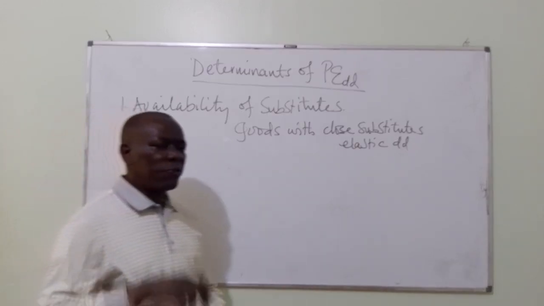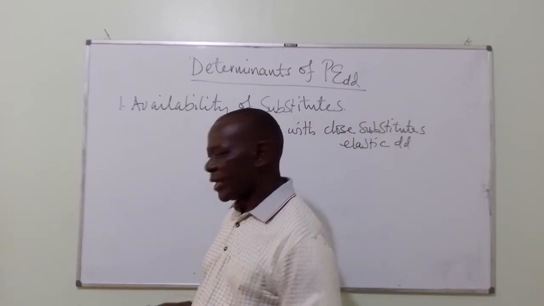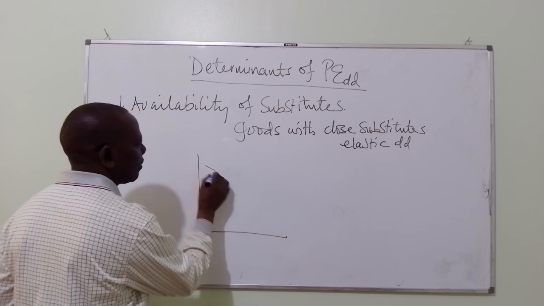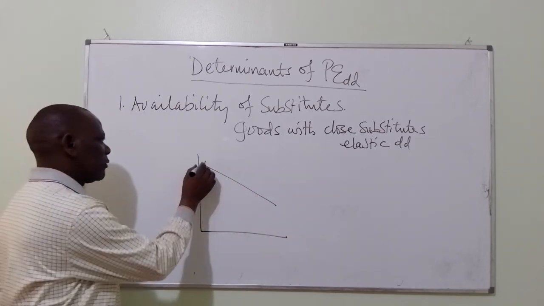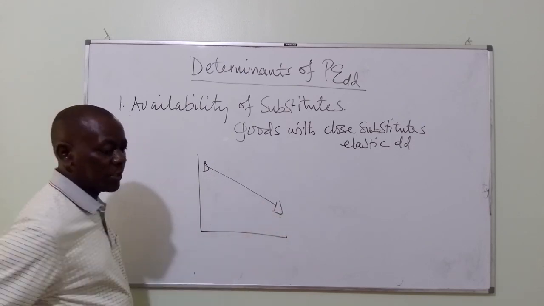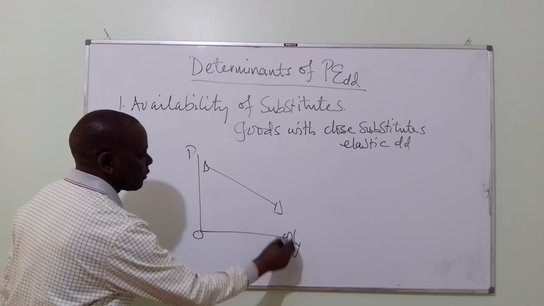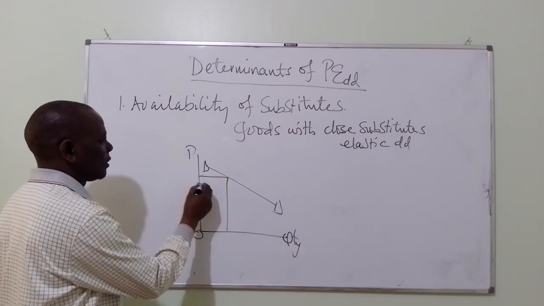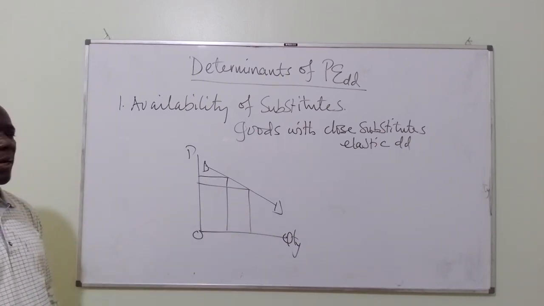Meaning that if you are drawing a demand curve for such a commodity, this demand curve will be horizontal, gently sloping. The moment you are having a commodity with close substitutes, you are going to find this diagram, because a slight change in the price is going to lead to a big change in quantity demanded.